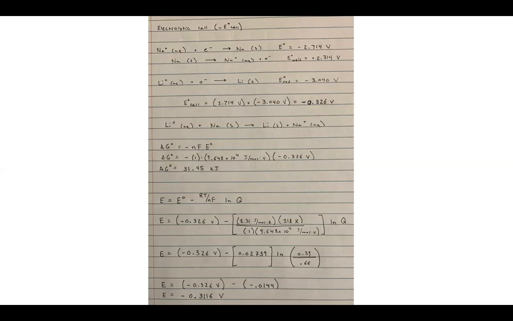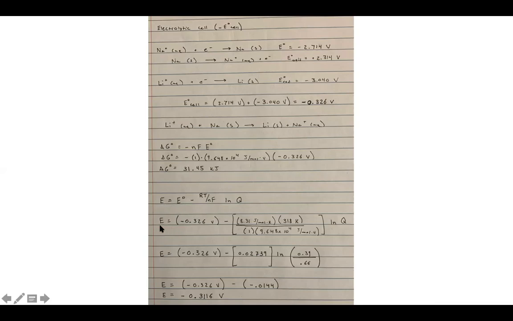The second part asked that if I was at, I believe it was, 45 degrees Celsius and some specific concentrations of lithium and sodium, what is my real cell potential? Not my standard cell potential, but my real cell potential. For that, I'm going to use the Nernst equation.